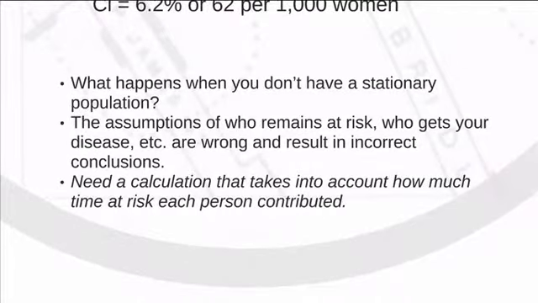So we talked a lot about the assumptions involved in cumulative incidence. What happens when you don't have a stationary population? What happens when you have people coming into your population as you're tracking them? And what happens if you have people that we call lost to follow-up? So think about our fictional clinic population at our gynecological clinic.